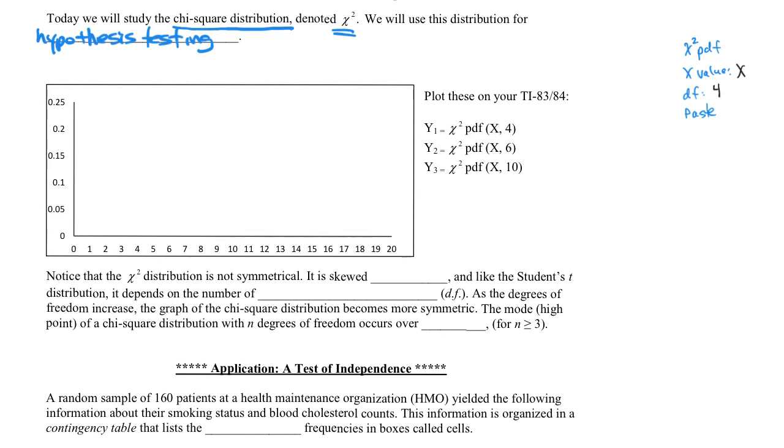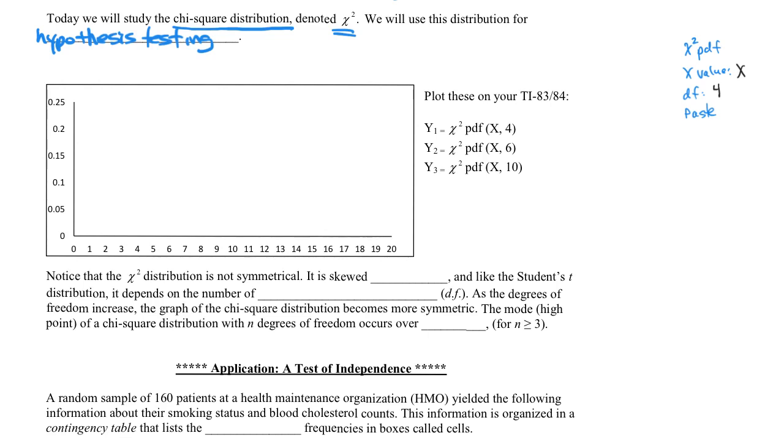So another thing we're going to want to do is change the window in your calculator to match this window. So the x-axis, we want to go to your window and change the window from 0 to 20. Right? Go to the window button. It's up next to the y equals button, and make your x go from 0 to 20. And for the x scale, you probably go like, 1.